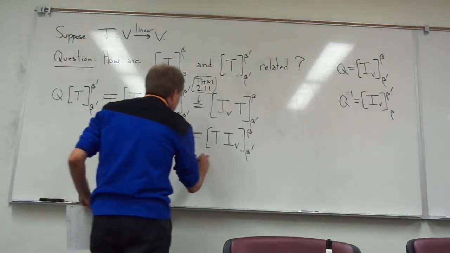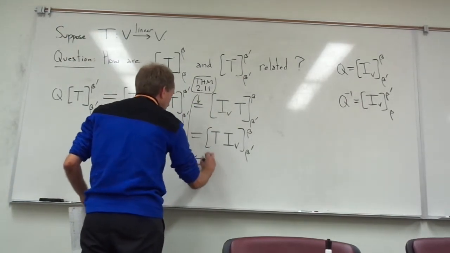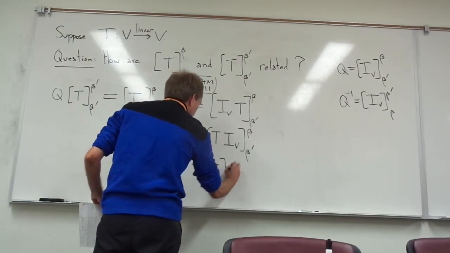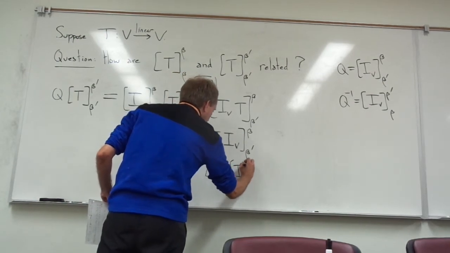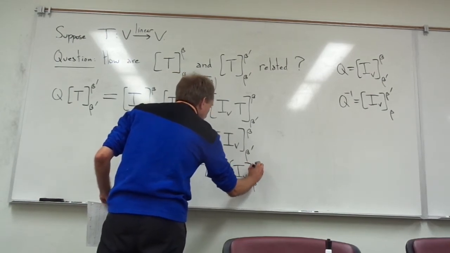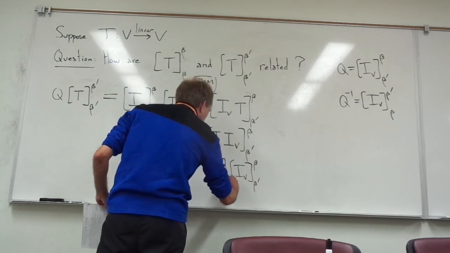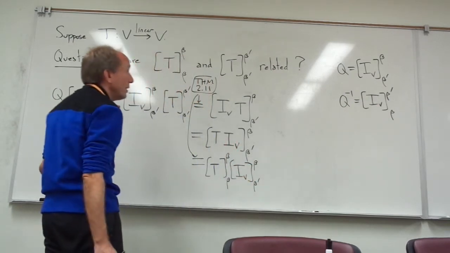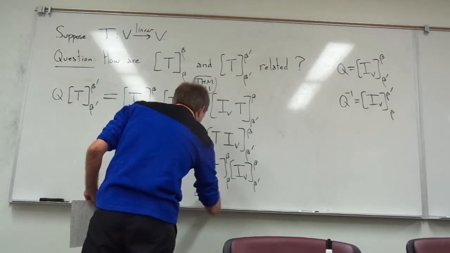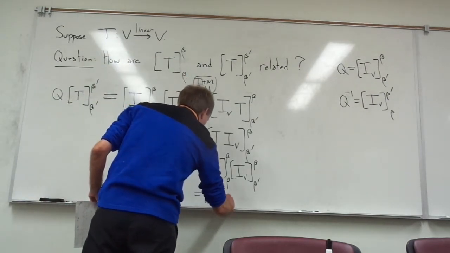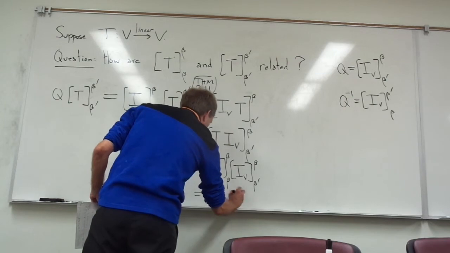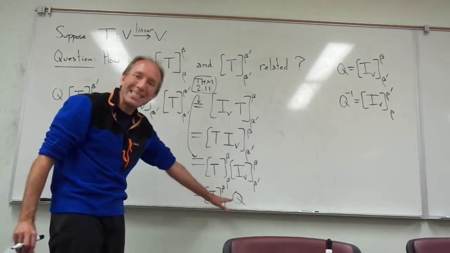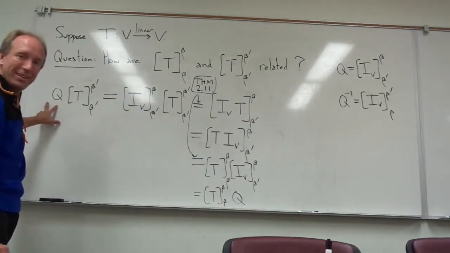And now I can use Theorem 2.11 again and split it apart again. Okay, so I'm going to have I sub V going from beta prime to beta, and then T from beta to beta. This matrix here is just Q as well. So we get T. Notice that we are getting the Q now on the opposite side from where it started.